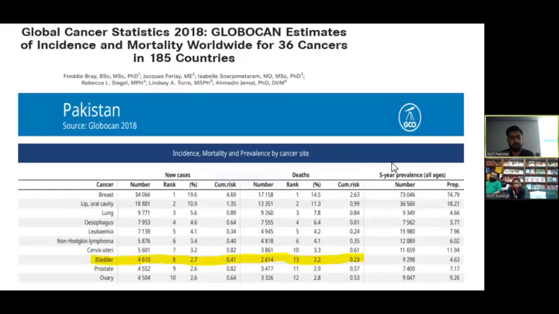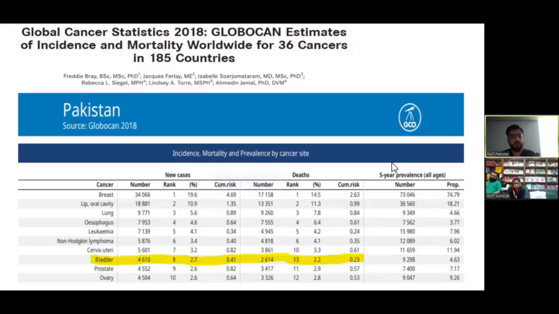We don't really have our own numbers when it comes to Pakistan, as we don't have our own national registry of bladder cancers. According to GLOBOCAN, which is an initiative of the International Agency for Research on Cancer, bladder cancer is estimated to be the ninth most common cancer in Pakistan.